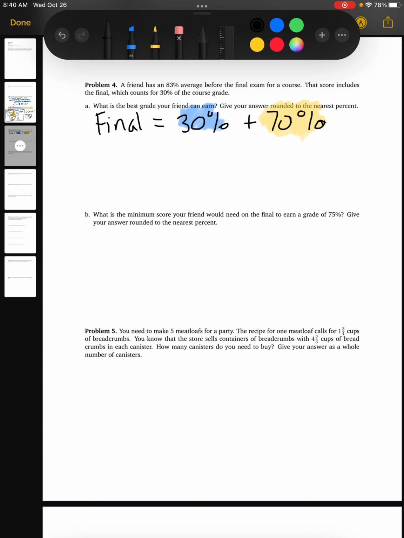So let's set that up. I currently have 0.83 of this 70%. And I'm assuming that I will get 100% of this 30%. And I can punch that into my calculator. 0.83 times 0.7.